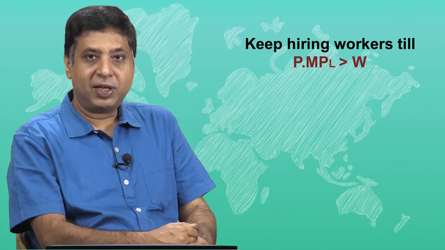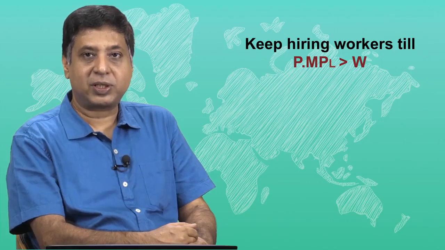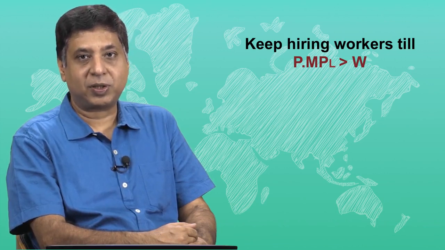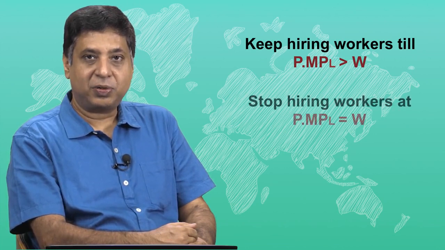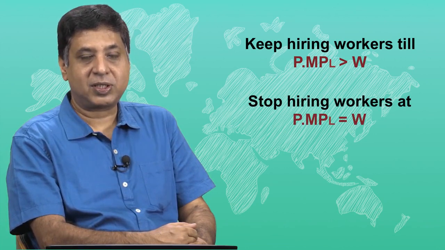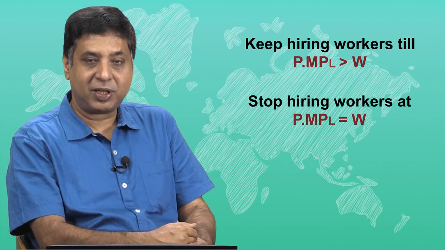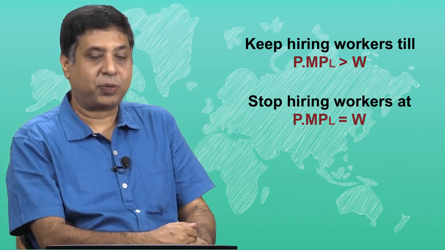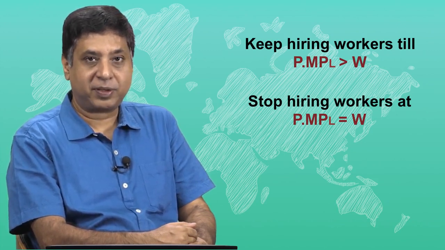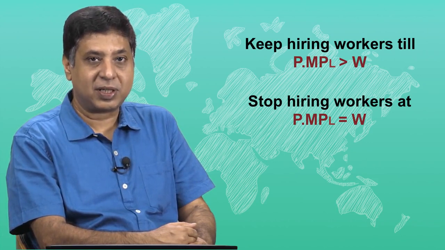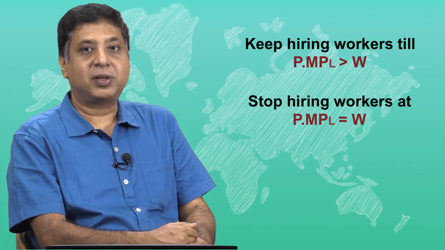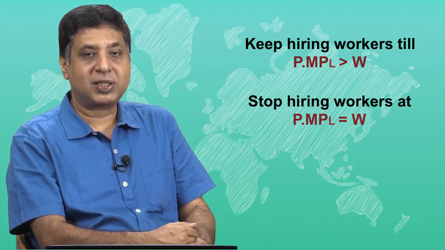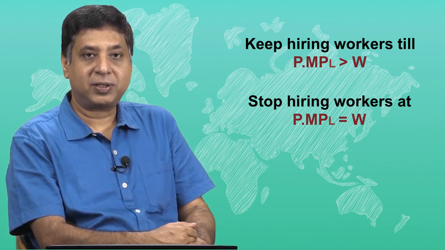You should keep on hiring workers as long as the value of the marginal product is higher than the wage rate. When the value of the marginal product is exactly equal to the wage rate, that's where you should stop. Now, of course, it might happen that with some discrete numbers like these, there is no point at which the value of the marginal product is exactly equal to the wage rate.